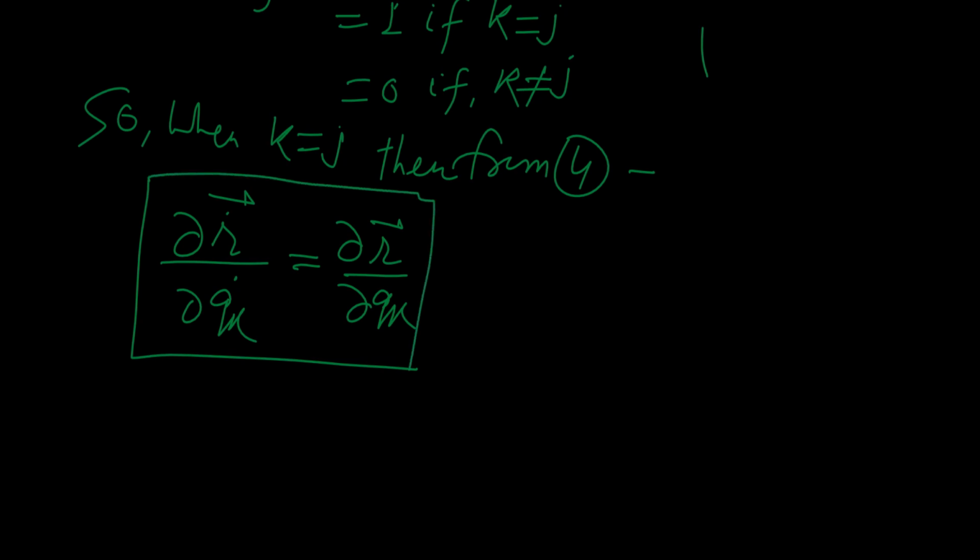And in fact, see the statement of this theorem, which is called the theorem of cancellation of dots. You see here, ∂ṙ/∂q̇k is equal to ∂r/∂qk. So you see here that it appears the dot in numerator and dot in denominator cancel out. Although dots are not a number or physical quantity which will cancel out, it appears such that.